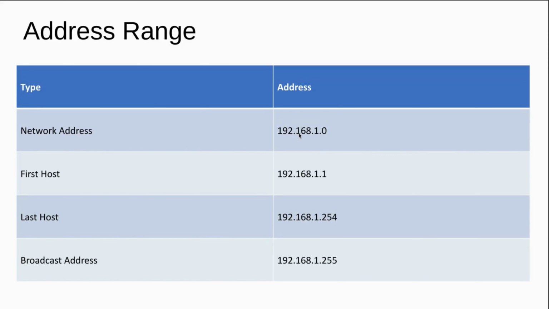The first host connected in this network is 192.168.1.1, and the last host is 192.168.1.254. The last IP address in this network, 192.168.1.255, is the broadcast address. The devices connected between 192.168.1.1 and 192.168.1.254 are the IPs allocated to the devices connected in this network.